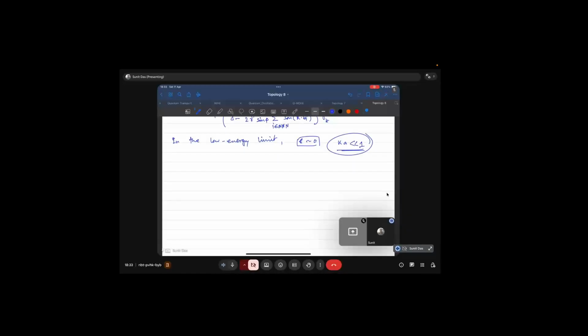If you use this limit, and of course the fact that cosine of x is nearly equal to 1 minus x square by 2, and sine of x is x minus x cubed by 3 factorial when x is much less than 1, you will essentially keep only the first term, 1 and x, in cosine of x and sine of x respectively.